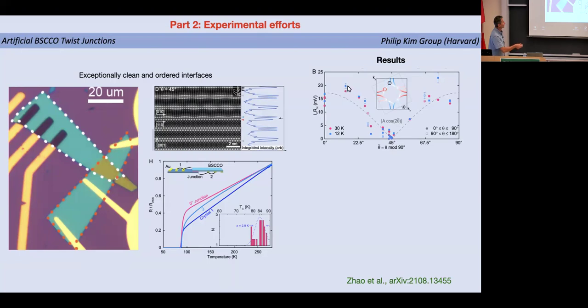For the first time, they measure the critical current of these twisted junctions as a function of twist, and they see for the first time a strong suppression of the junction critical current near 45 degrees, which is characteristic of a D-wave superconductor. I mentioned at the beginning that these Cooper pairs at 45-degree twist cannot tunnel, and that's the experimental verification of that. Interestingly, in earlier experiments, this was not seen.